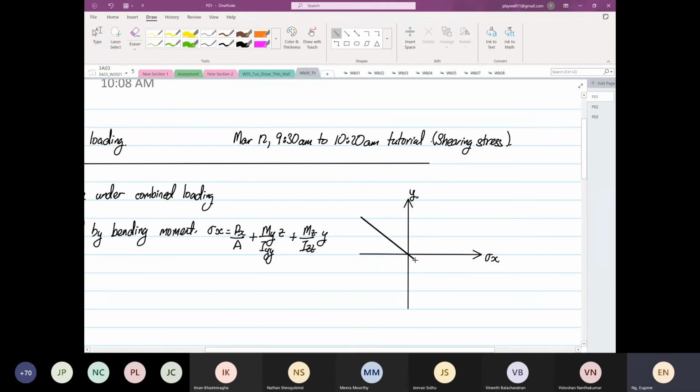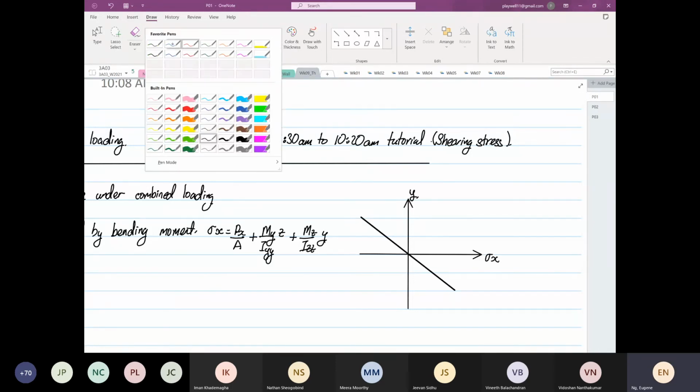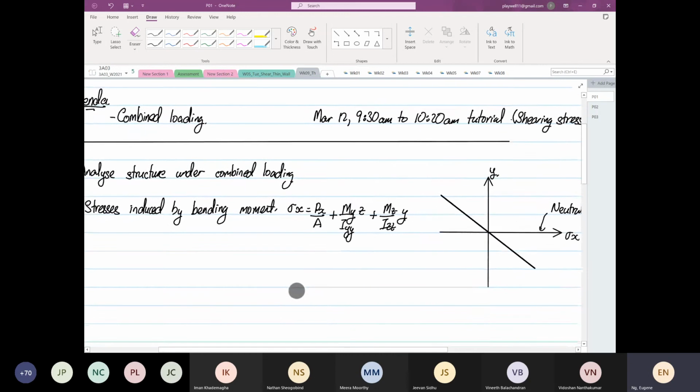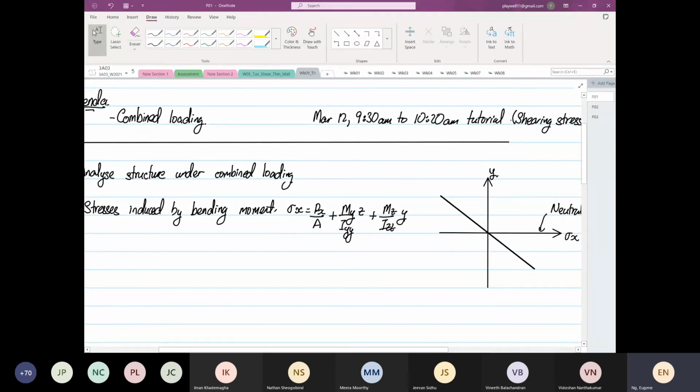It will go on one side, and at the center, I'm not going to call this centroid anymore, I'm going to address this as your neutral axis. And we know due to bending moment, the zero point will cross at the neutral axis. So we know that. Now let's look at the next.